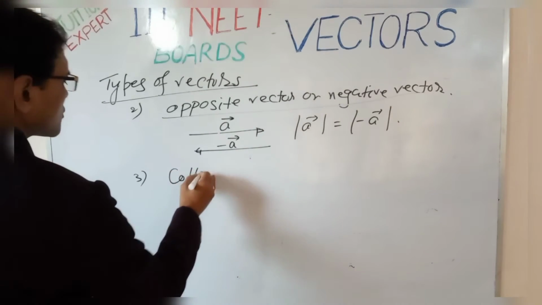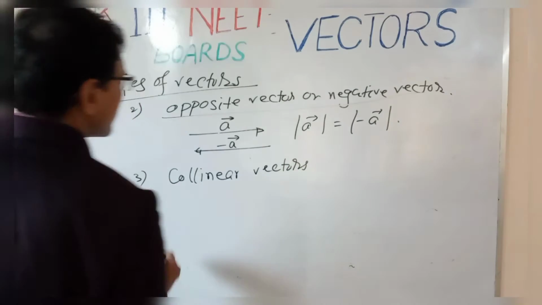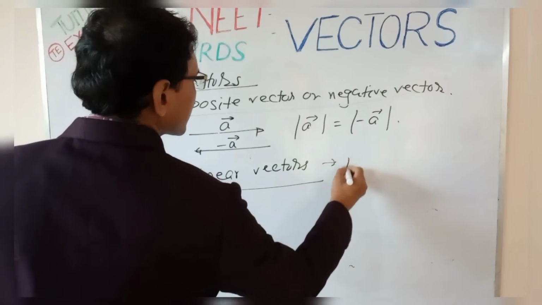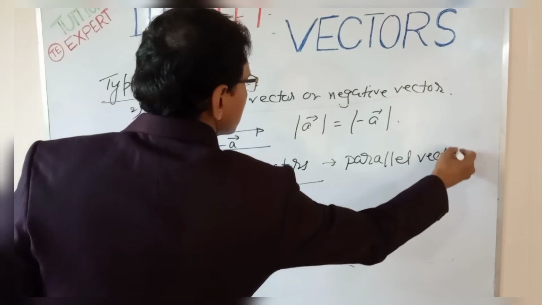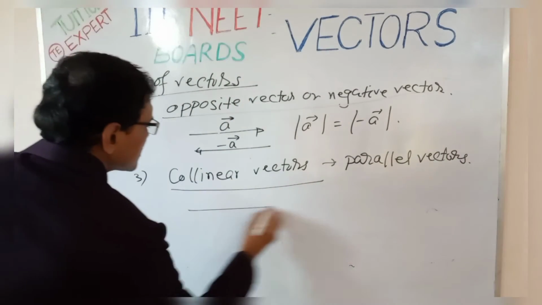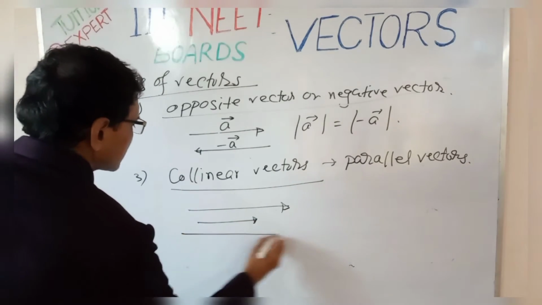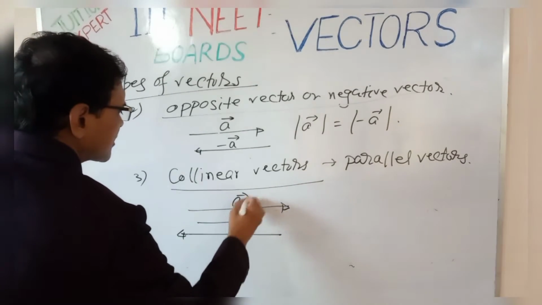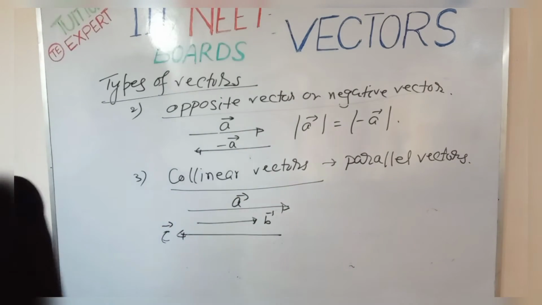Collinear vectors, also called parallel vectors. Suppose this is A, this is B, this is C. So these are called collinear vectors because they are parallel.